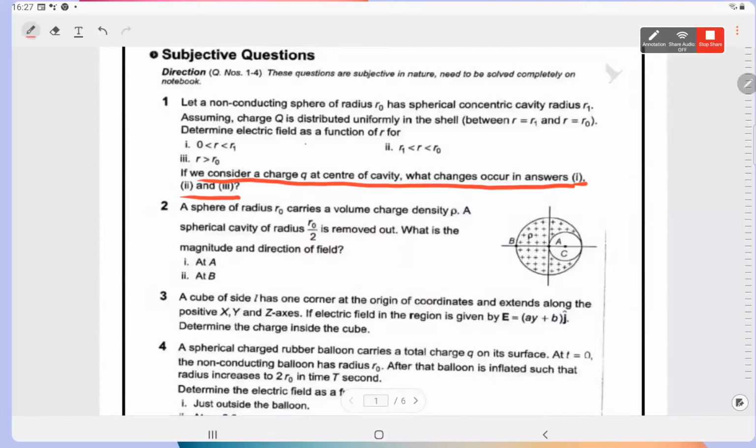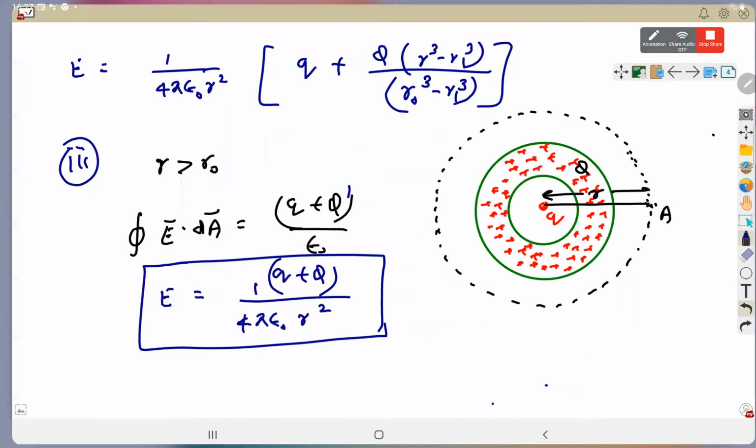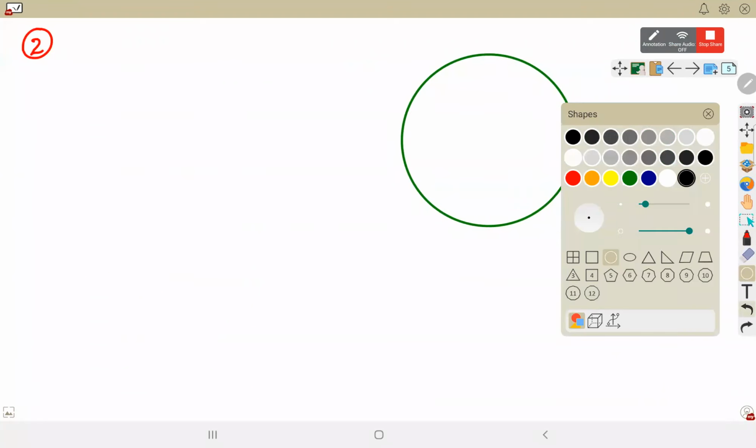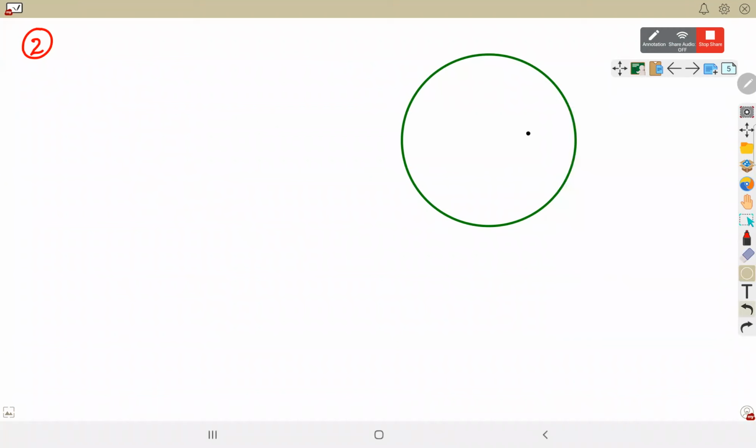The cavity cases that we did, if you remember, cavity in a solid non-conducting uniform sphere. In this there is a cavity, and to calculate the electric field inside this cavity we derived this method.